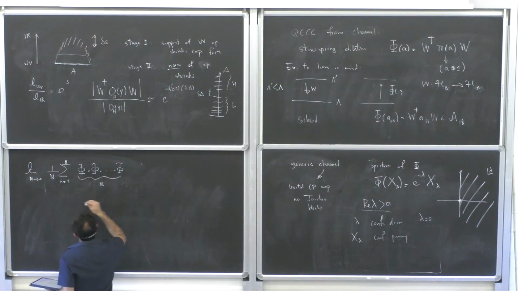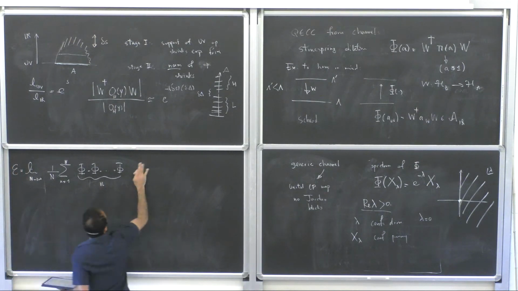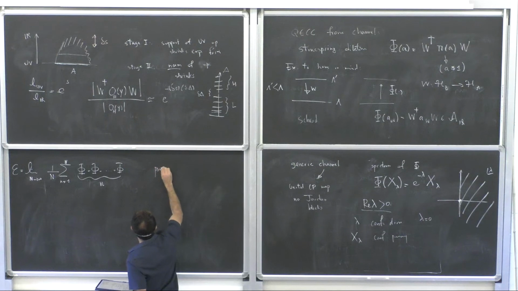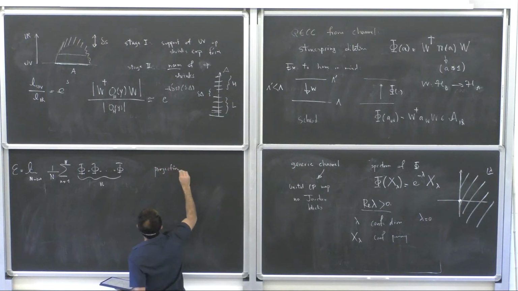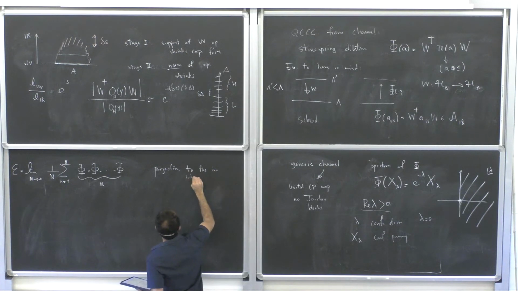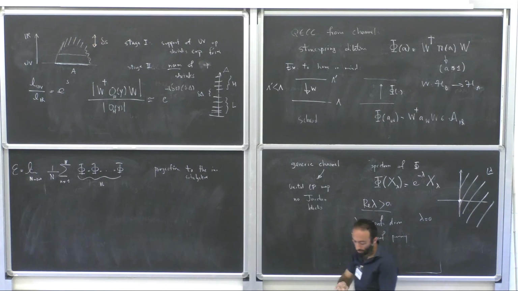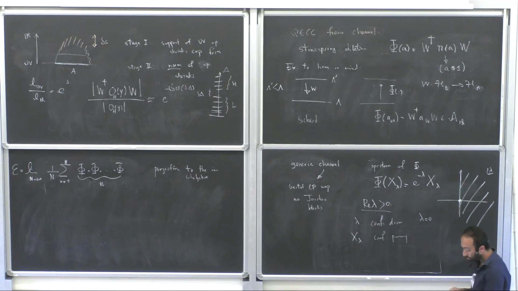This is a projection to the invariant subspace, to the invariant subalgebra. You can easily convince yourself this is true. It has a name. It's called conditional expectation.